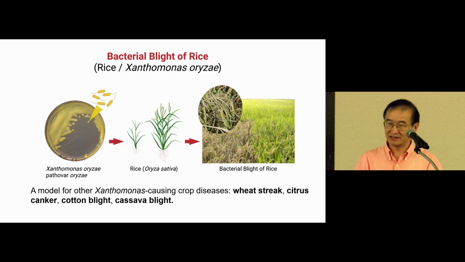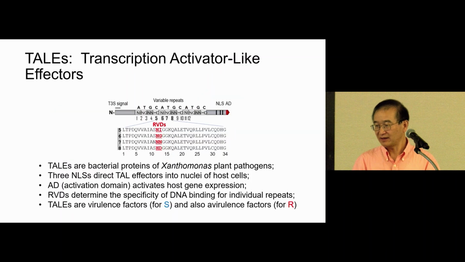And we also use this as a model. I think this will be the best crop disease system that has ever been done. And we particularly focus on, as Aaron talked about, the TAL effectors, which are a group of bacterial proteins that it produces and secretes into the host plant rice, and then find the targets.